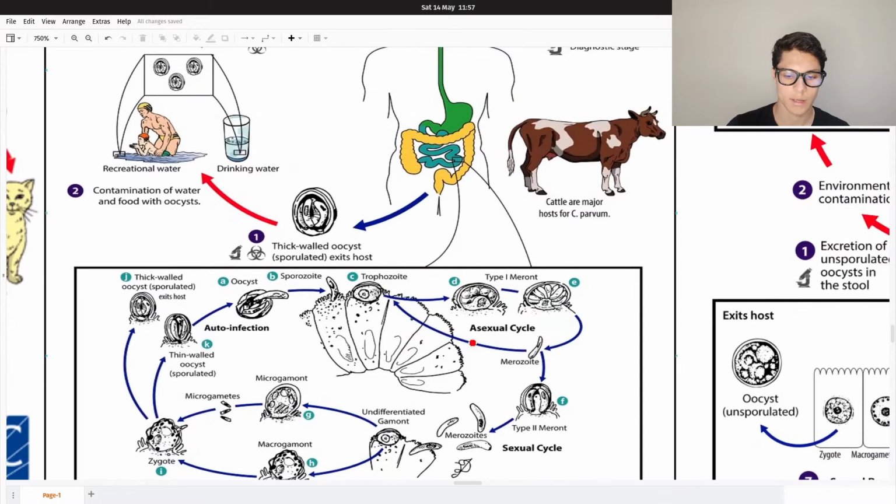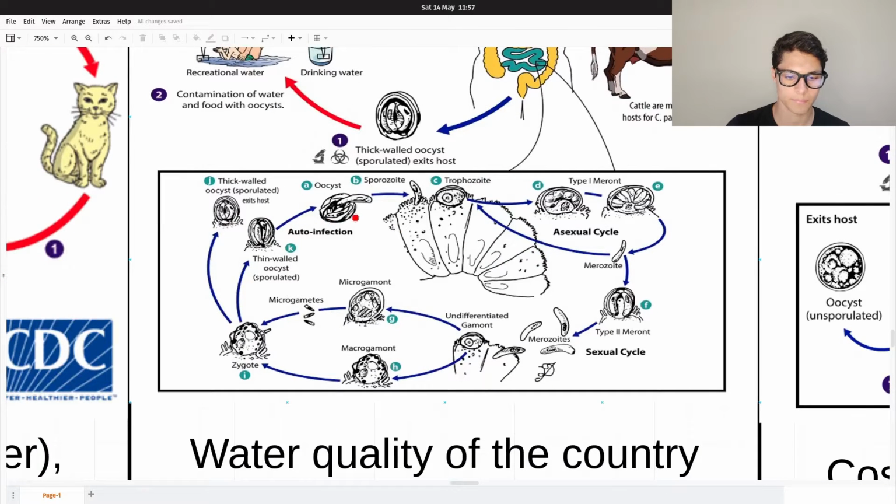And the cattle, the cows, are major hosts. So once inside, they start with the oocysts that release the sporozoite.